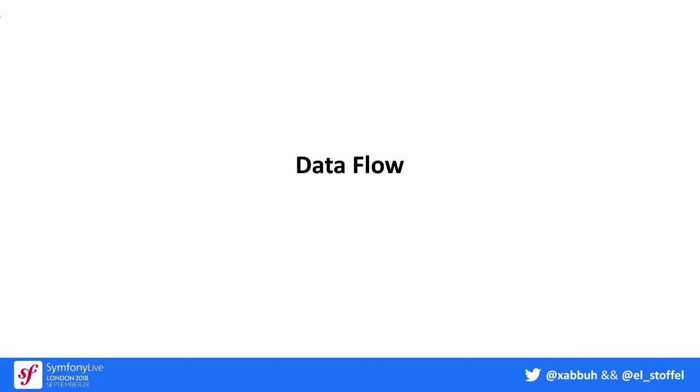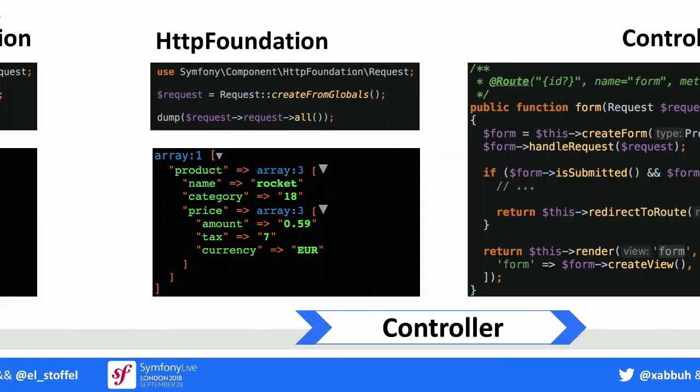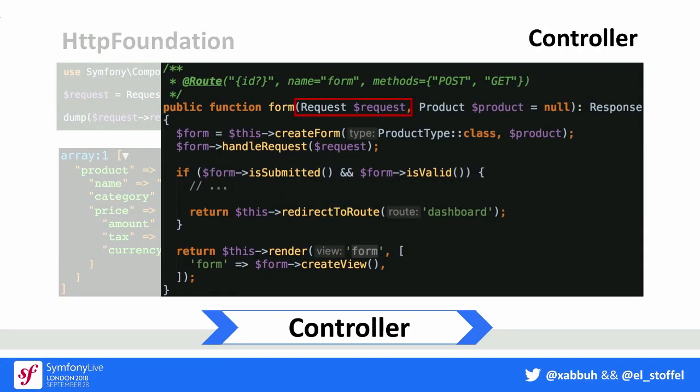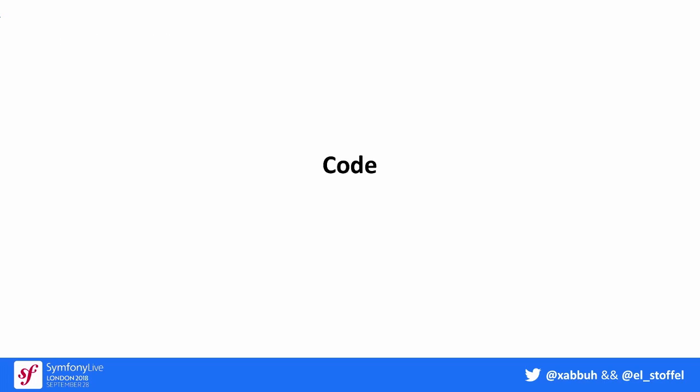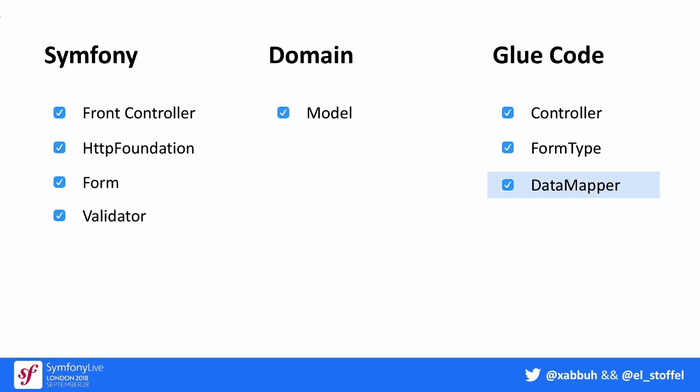This turns out to ease the part of the code we have to write, because the rich model form will take care of the transition between the request and the rich domain model. That means we don't have to write a Datamapper anymore, and there is no additional glue code.